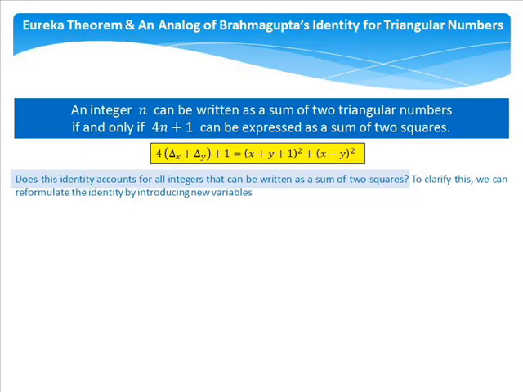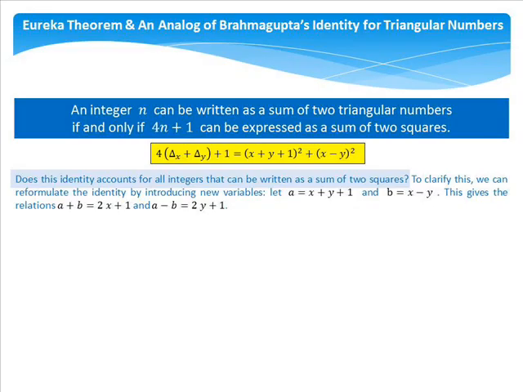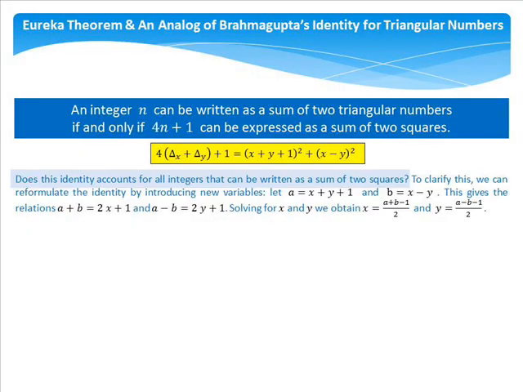To clarify this, we can reformulate the identity by introducing new variables. Let a equal x plus y plus 1 and b equal x minus y. This gives us the relations a plus b equals 2x plus 1 and a minus b equals 2y plus 1. Solving for x and y, we obtain x equals half the value of a plus b minus 1, and y equals half the value of a minus b minus 1.